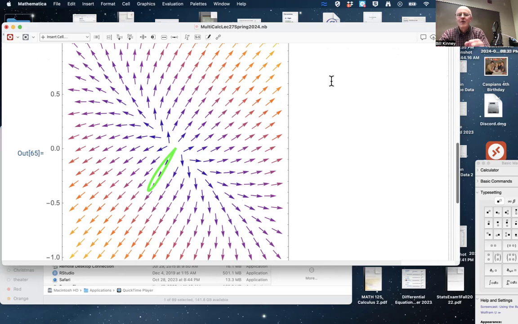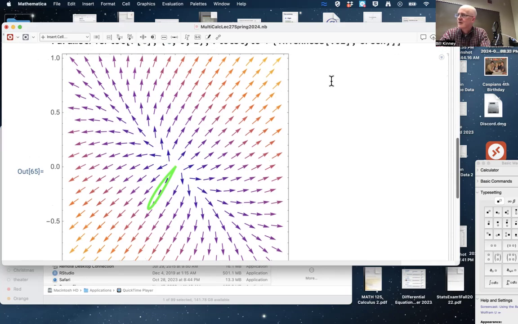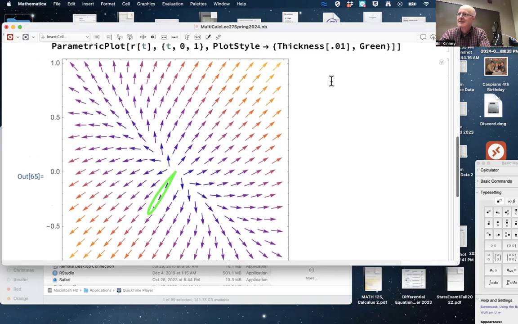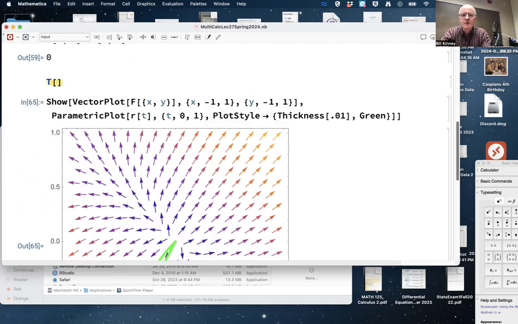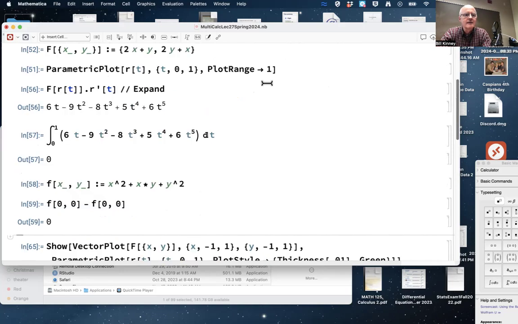Okay. What are you really doing when you do the line integral? You're integrating the vector field along the curve, which means you need to think about dot products of the vector field with the unit tangent vectors. Or if you prefer, this dot product here of F at r of t with a velocity vector r prime of t.